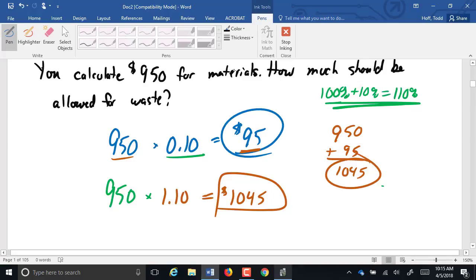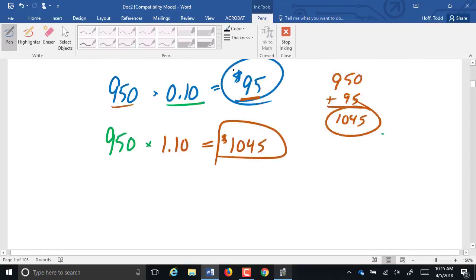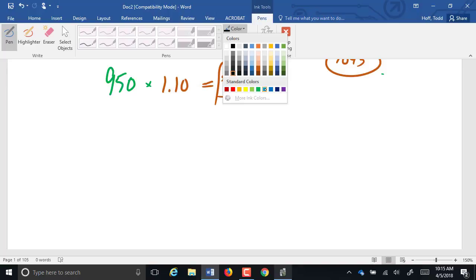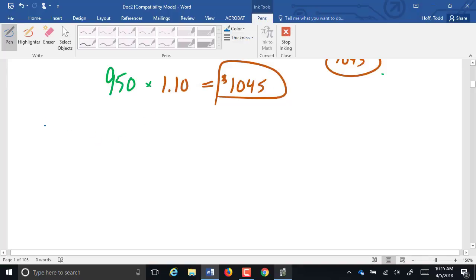Just make sure that whatever you are calculating from, whatever you are matching up with the 100% in that proportion, is really the base amount, the amount that the calculation should be based off of. Because when we make this proportion, let's say we've got 45%. Whatever number goes here, matching up with the 100, is the base amount.